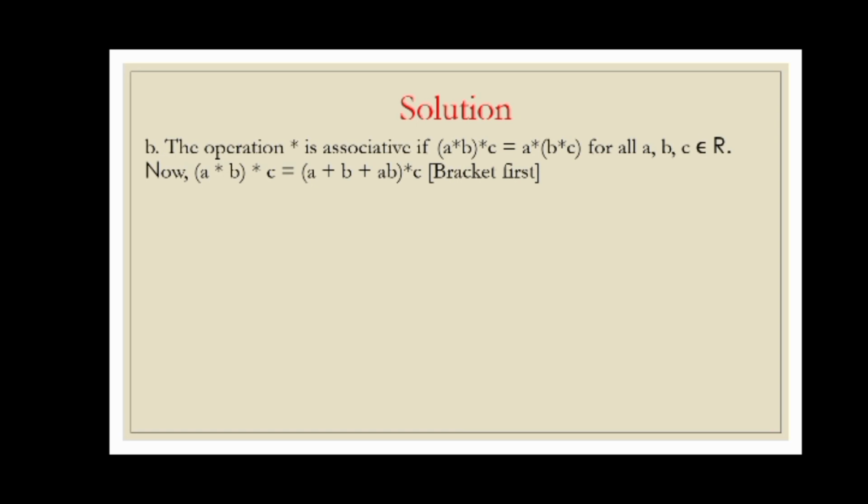The operation star is associative if the condition A star B into bracket, star C, is equal to A star into bracket B star C, for all A, B, C belonging to R. Now A star B into bracket, then outside star C, putting that into the equation given earlier, A plus B plus AB represents the A star B. You get it?